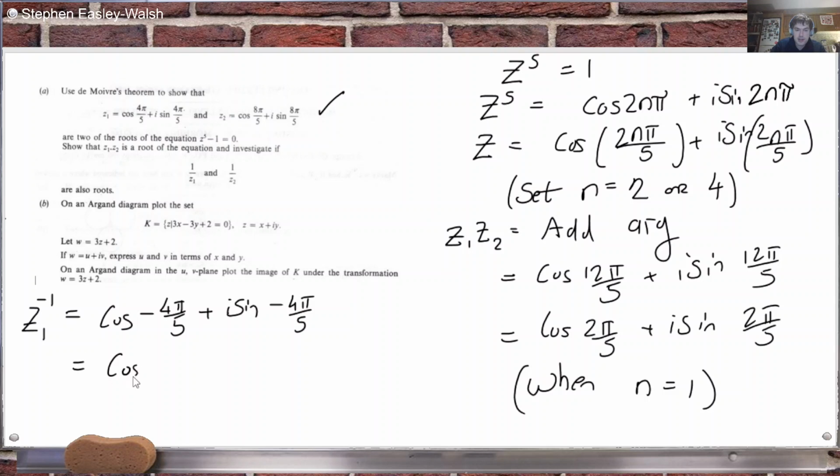Which is cos 6π over 5 plus i sin 6π over 5. Again, because of the 2π nature here. You can check them on the calculator. These are the same. Minus 4π over 5 is the same as 6π over 5 when calculating cos and sin. And that looks like when n is 3.